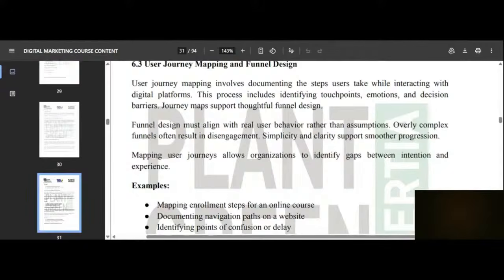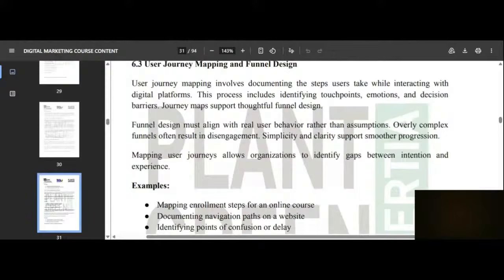Let me break this down to you, whatever I have read, and explain it to you, students. What is user journey mapping? User journey mapping means visually mapping the step by step experience a customer goes through before, during, and after a purchase.